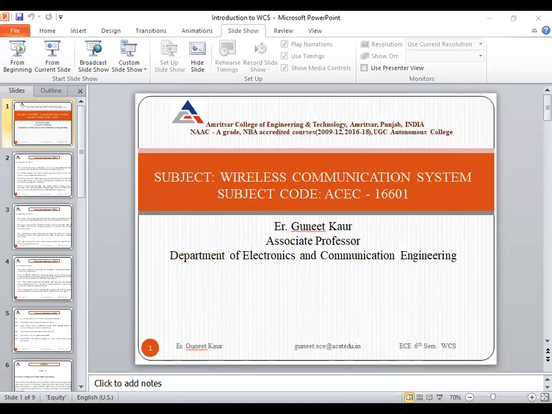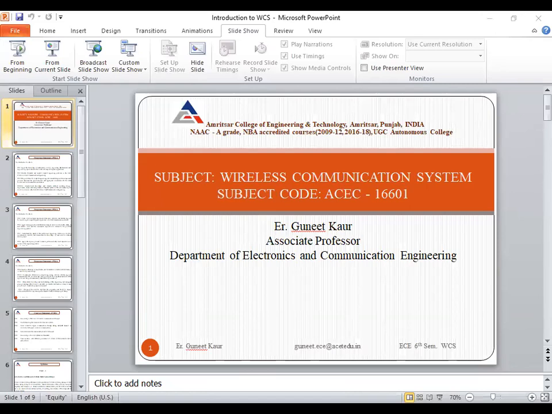Program outcome 6 is to apply reasoning informed by contextual knowledge to assess societal, health, safety, legal, and cultural issues, and the consequent responsibilities relevant to professional engineering practice.